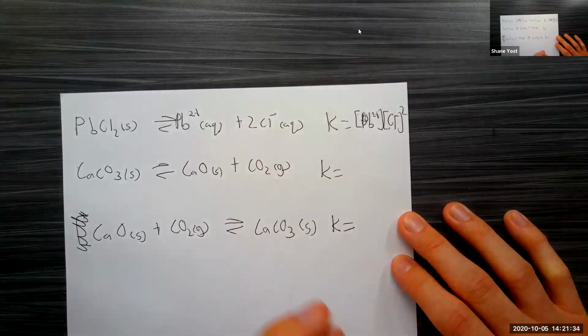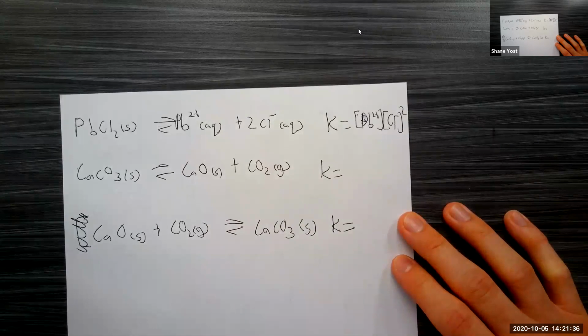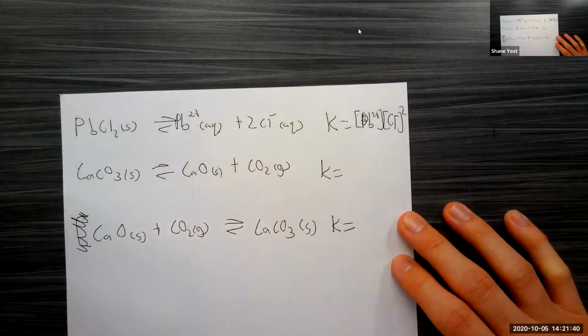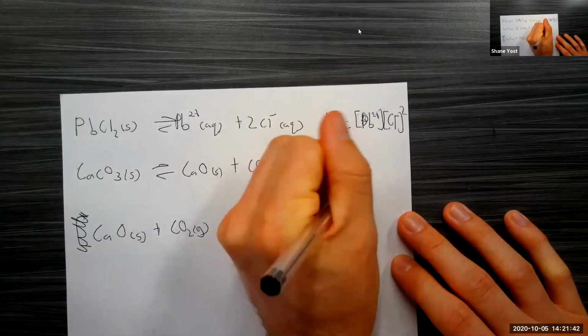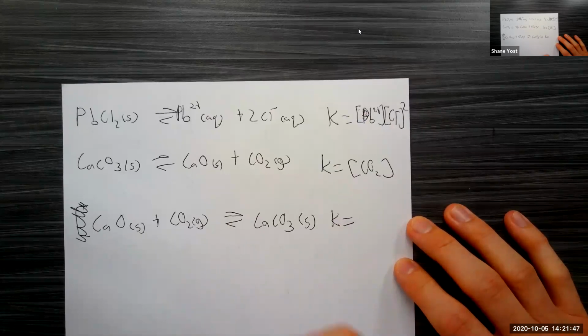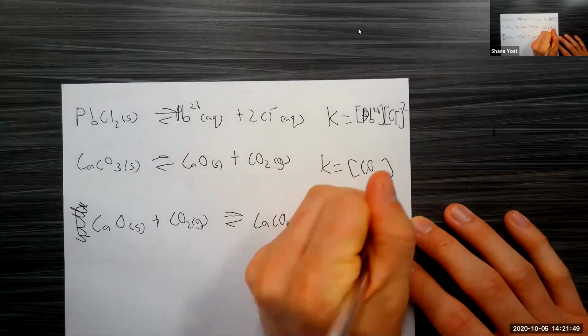Close. Yep. So that's going to be the rule. So for this one, it's going to be, yep, and then this one, 1 divided by CO2, right?